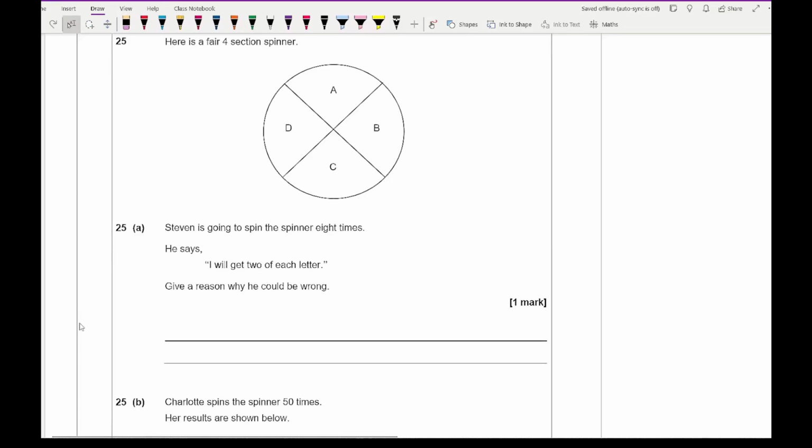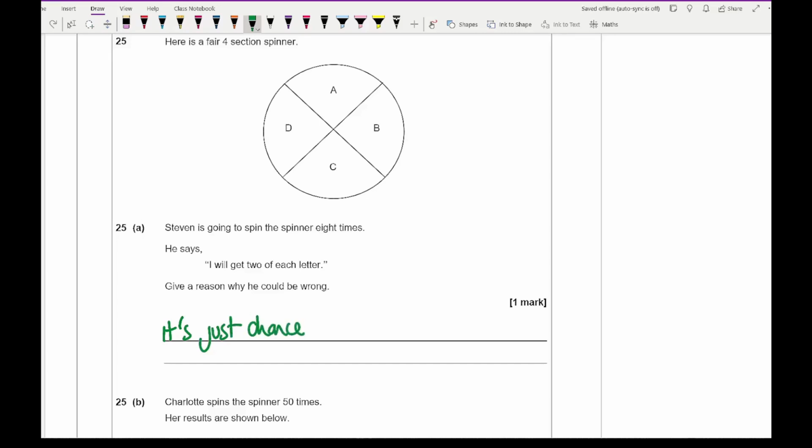And for the reason, there are quite a lot of potential reasons you can give, but anything along the lines of it's just chance, and it's just a probability.